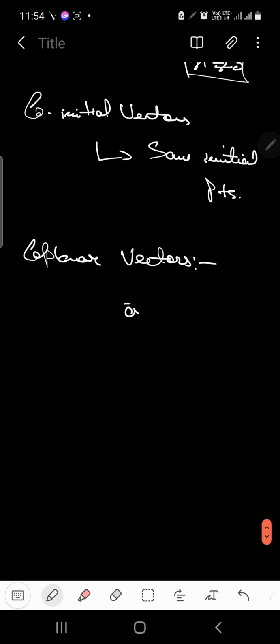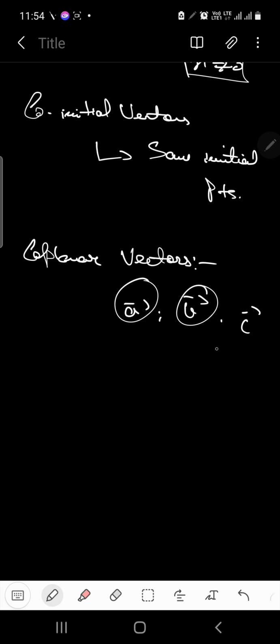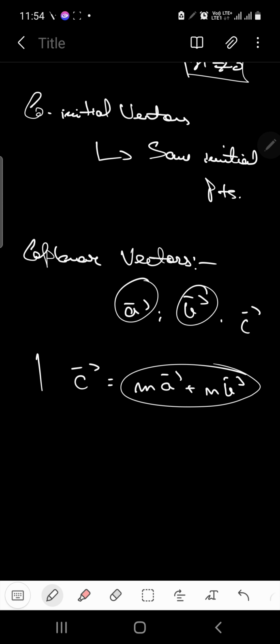Clear? If you have two vectors, say a and b, then three vectors are coplanar if one of them can be expressed as a linear combination of the other two. I mean, you have two vectors a and b and a third vector c, and you can say that c is given as ma plus nb. This is called a linear combination of vectors.